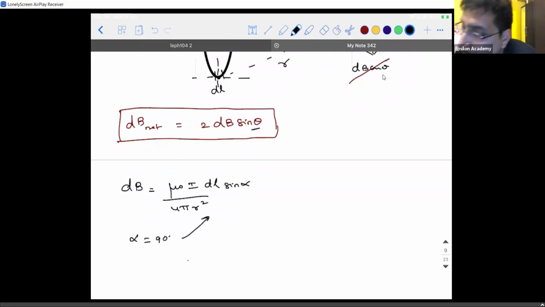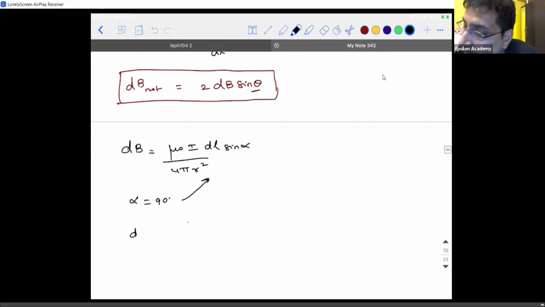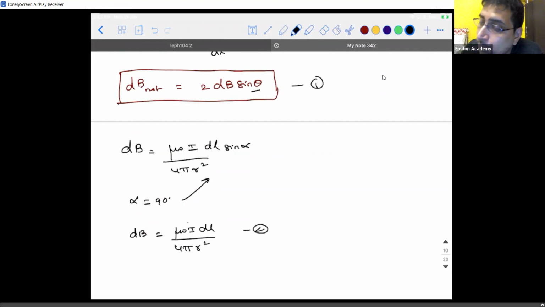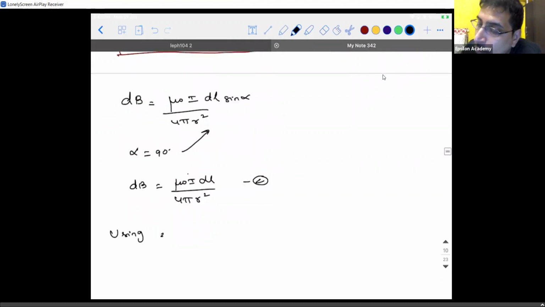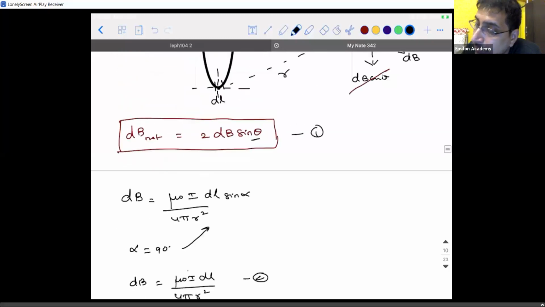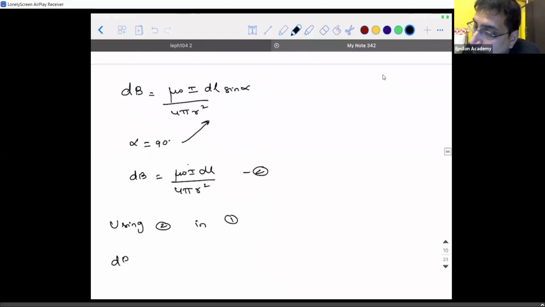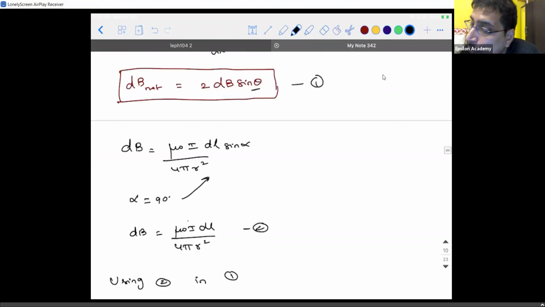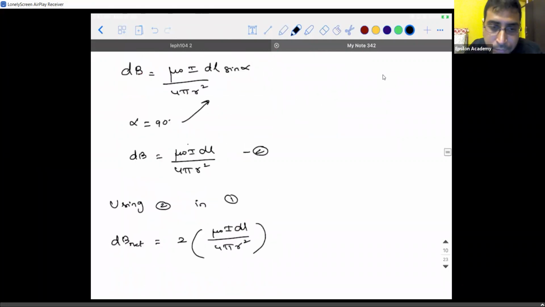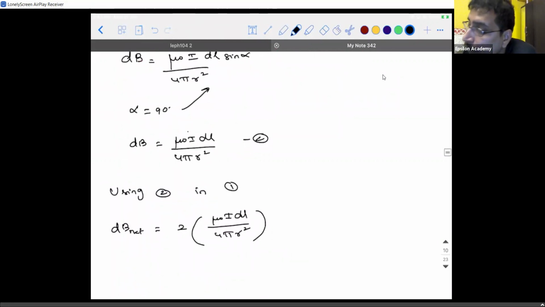So if I substitute it here, dB will come out as mu naught IDL divided by 4 pi r square. Let me call this 1, and this 2. Using 2 in 1, how much do I get? dB net will be equal to 2 times mu naught IDL divided by 4 pi r square into sin theta. That's what we need to find. Any doubt till here?